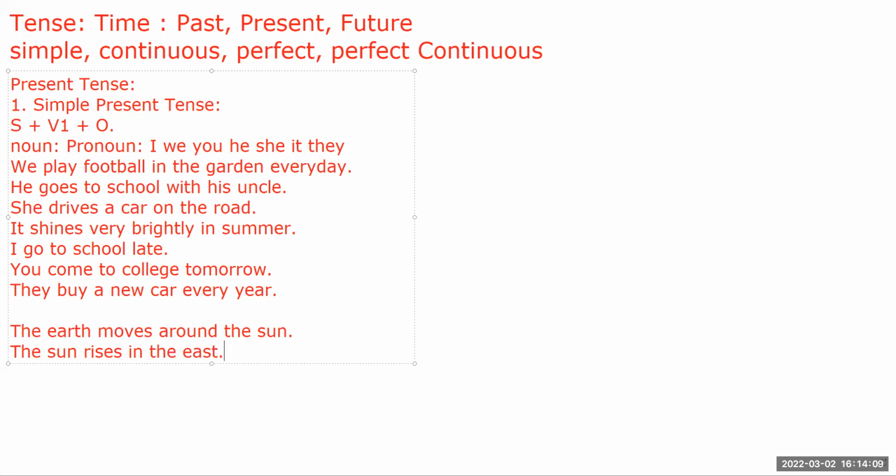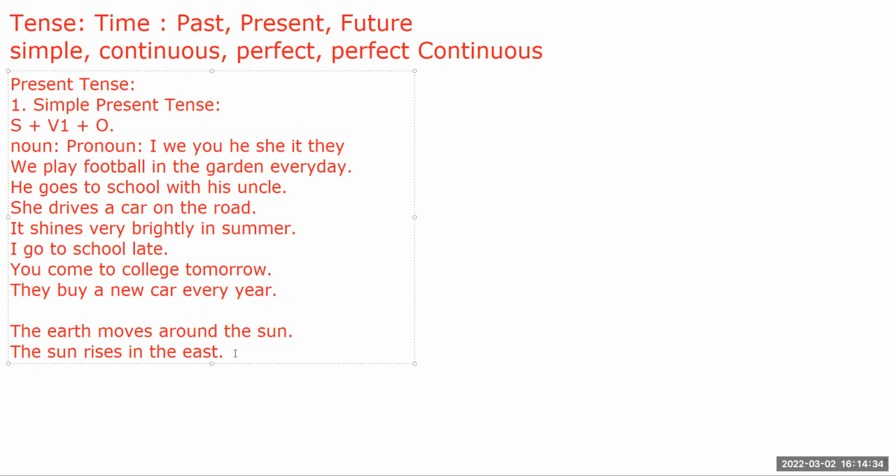So that is also true. So these are universal truths which are always in simple present tense. Here you will never find the earth moved. Maybe for the present moment you can use the earth is moving around the sun, but they are usually in simple present tense. They are like this only.